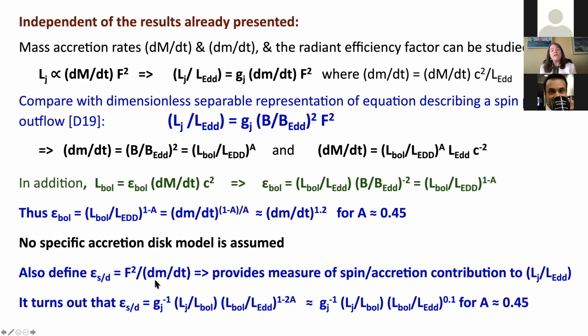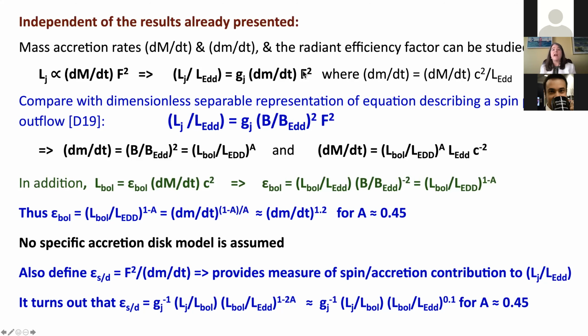Now, there's another efficiency factor that it's really interesting to look at, and that is what I call the spin to disk efficiency factor, defined in my 2021 paper, and it goes as F squared over m dot, and it's basically providing a measure of how much does the beam power depend on the spin, F squared, the spin function, and the dimensionless mass accretion rate.